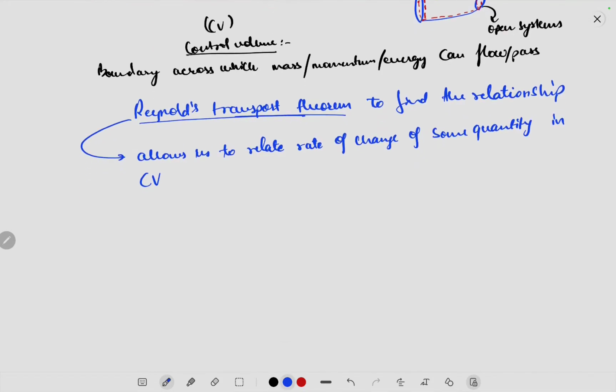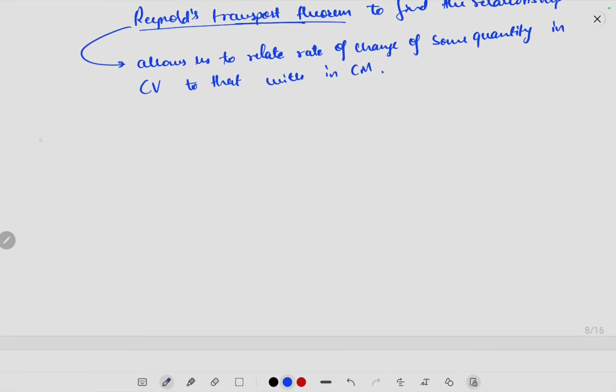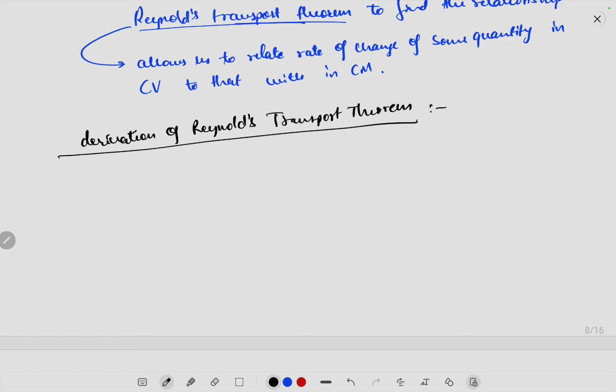Okay, so it allows us to relate the rate of change of some quantity in CV to the rate of change of the quantity in CM. Okay, so let's now derive Reynolds transport theorem.